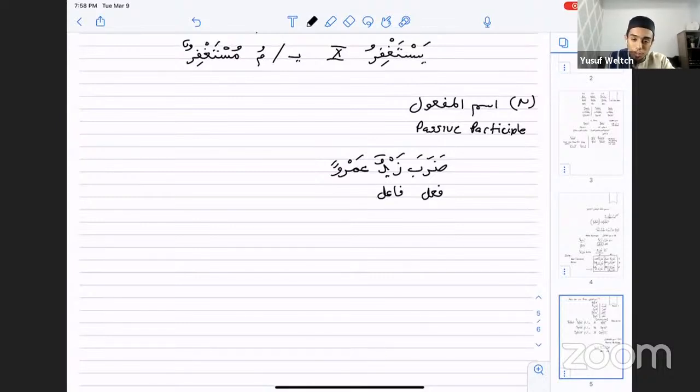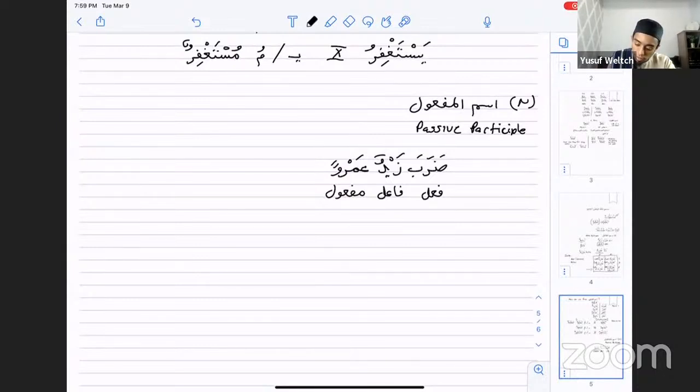If we just eliminate the sentence, Zayd is a name, so we're talking contextually in this sentence. Zayd plays the role of the doer of the previous verb. And Amr is what? Maf'ul. It's the object. So Amr, in context of the sentence, plays the role of the object.